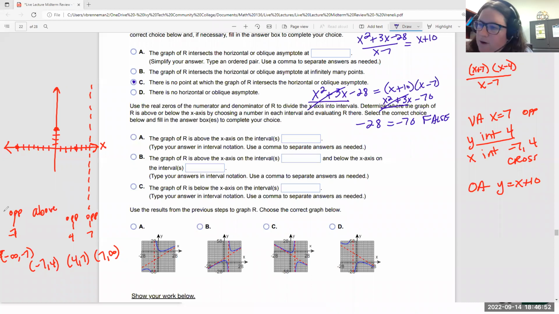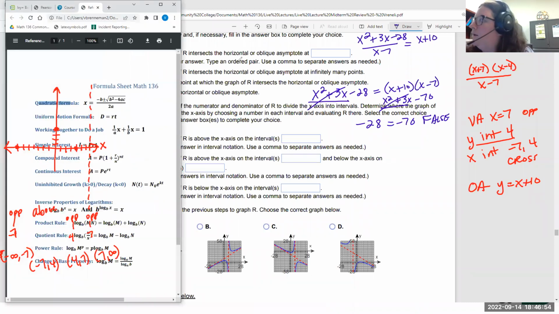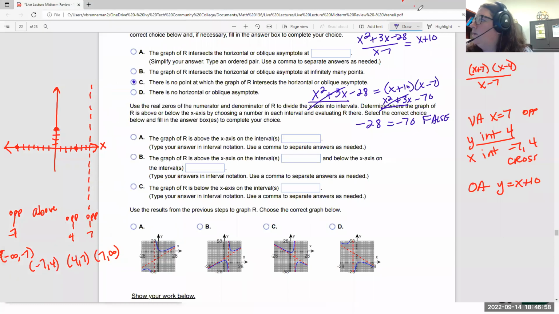And then I can fill the rest. We have below, and then between 4 and 7 below, and on the other side of 7 above again.